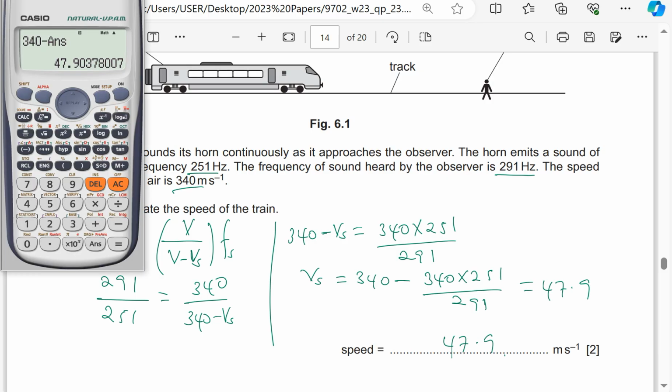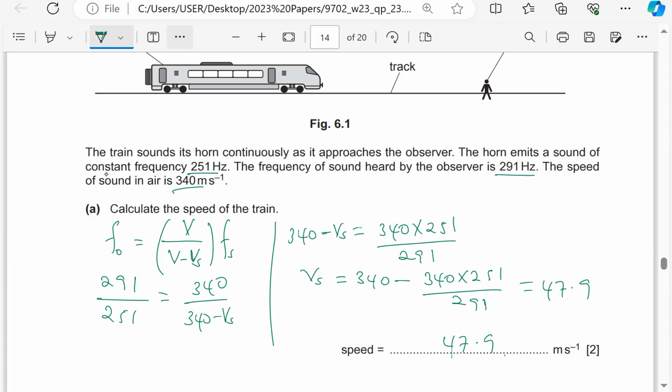Let me check it again. 340 times 251 divided by 291. Then I'll say 340 minus the answer. So it is 46.7, or approximately 47. Approximately 47 meters per second.